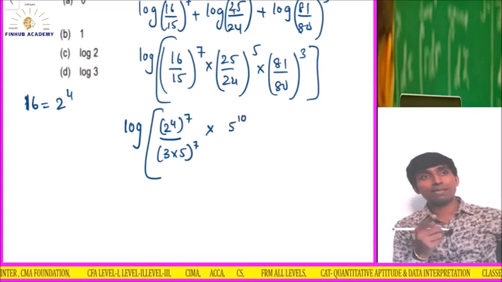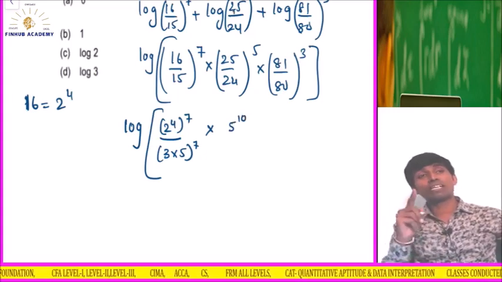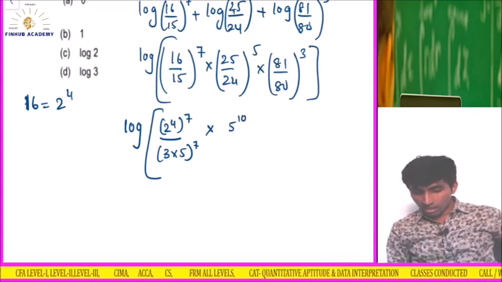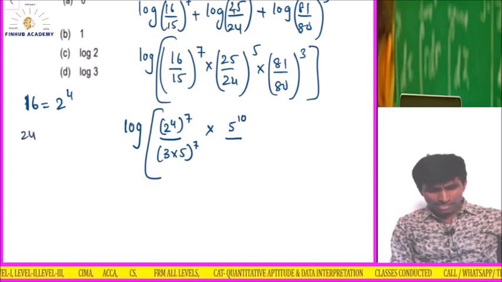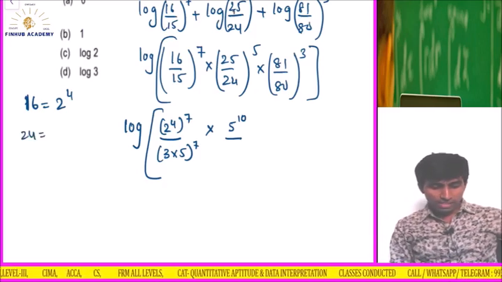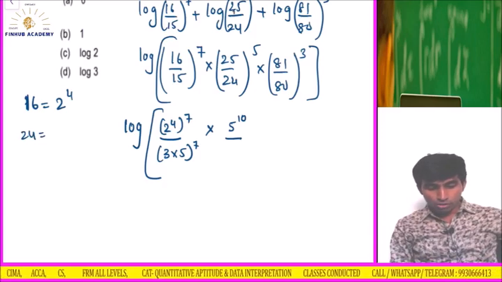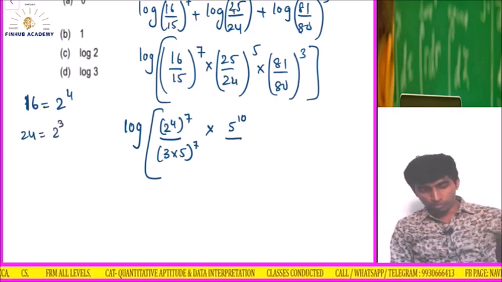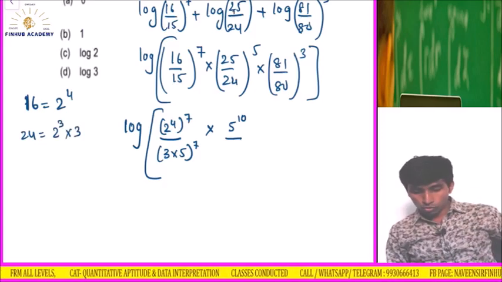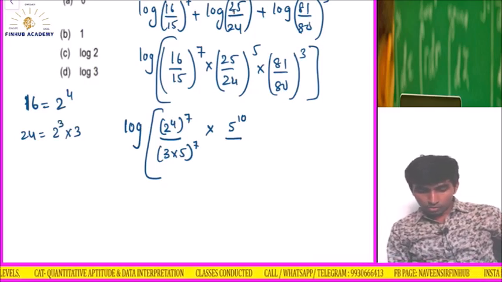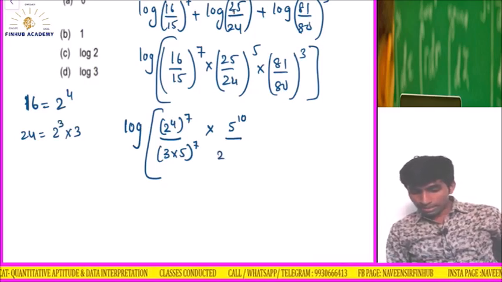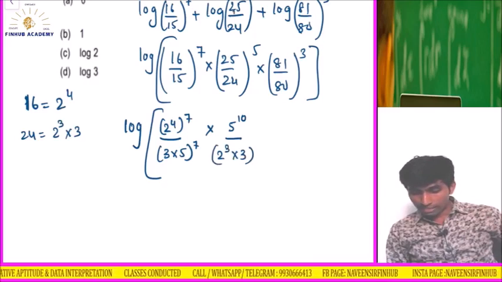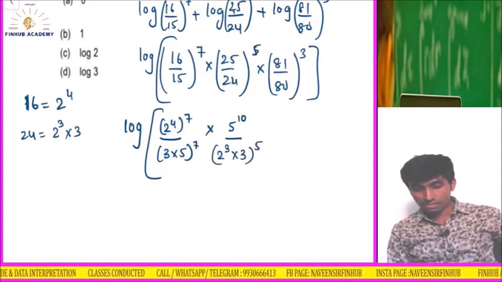I am skipping the steps. 25 can be written as 5 square, raised to 5 is 10. Upon 24 can be written as 8 3s are 24, so 2 cube, 8 is 2 cube, into 3. So 2 cube into 3, 2 cube into 3. Understand, the power is 5. Okay, this 5 is there, 5 is common for both.